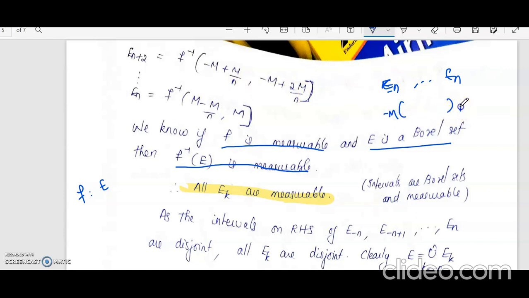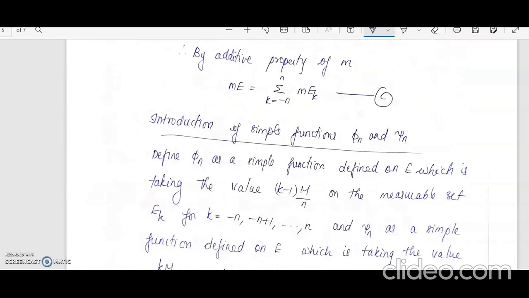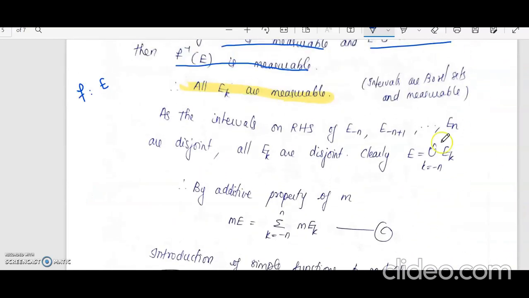Then we take the inverse image of the values f takes inside it. So we are finding the set of all x such that f takes a value in the interval. So we are going to get all the points in the set E. Therefore, the Ek are disjoint and their union will be equal to E. So E will be equal to the union of Ek for k equal to minus n to n.